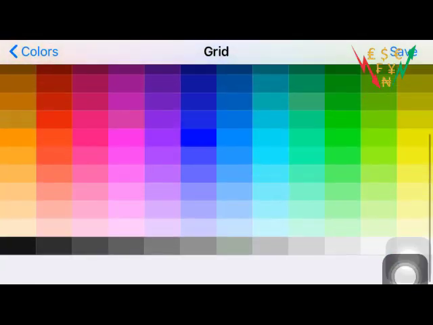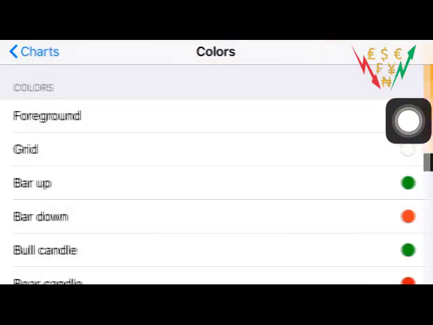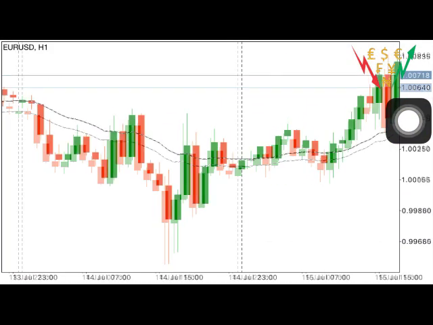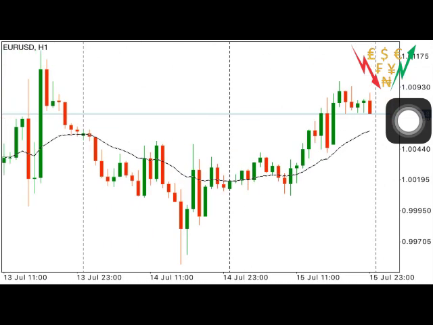Okay, so for the grid here, let me use a black line for the grid so that we can indicate. Okay, it gives us almost the same thing, so black isn't that good.